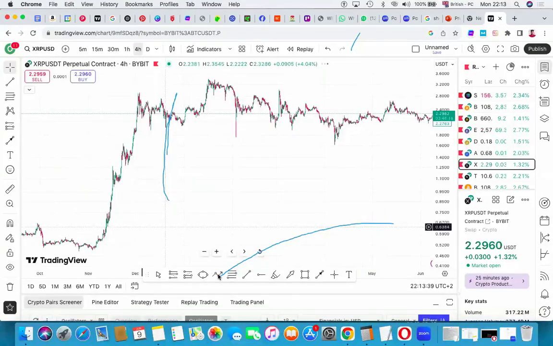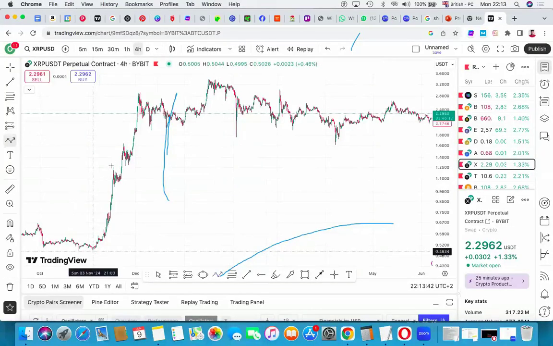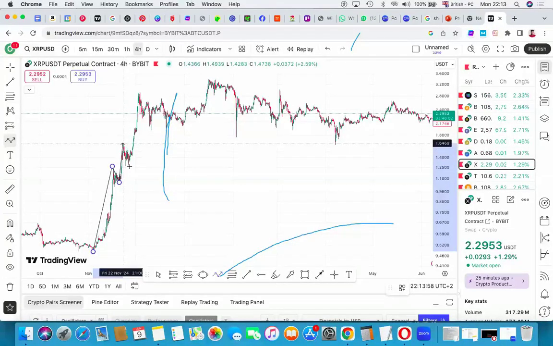Let's just map out our chart already. So if I pick my path tool and I map from here, we have this, and we have this already.